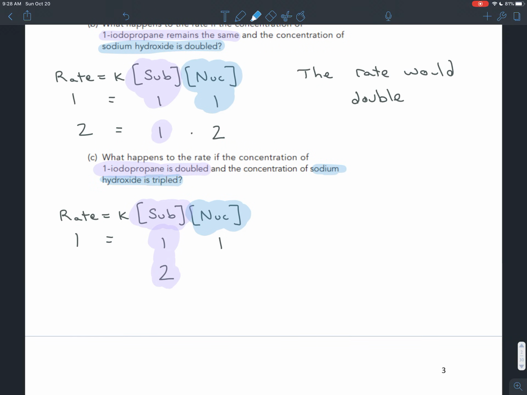And the concentration of sodium hydroxide, that's our base, is tripled. So if it starts out as 1, it becomes 3. Well, multiply that, and you get 6. The rate increases by a factor of 6. So you'd say the rate would be 6 times faster.